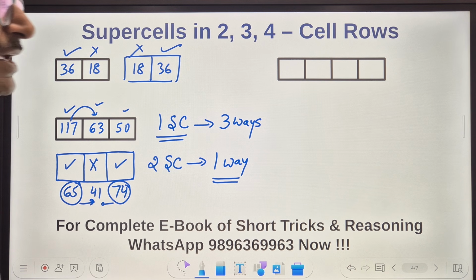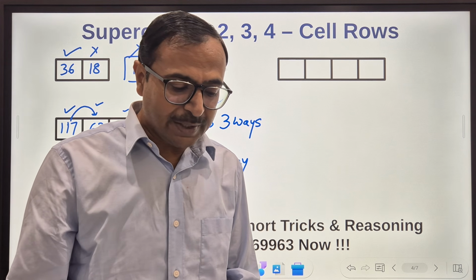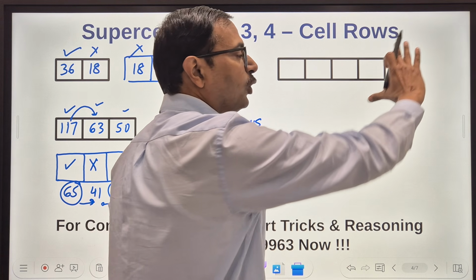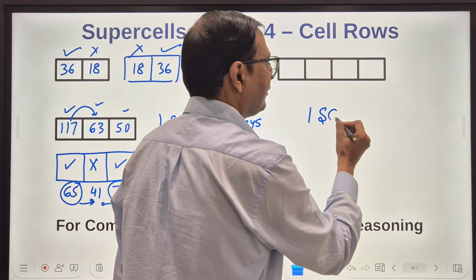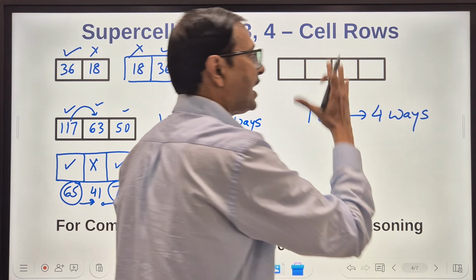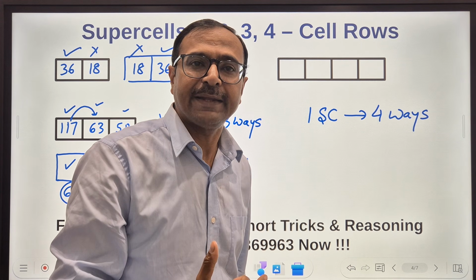Likewise, if you have 4 cells. Now we need to understand one very important thing, that even in a 4 by 1 grid, if you want to have only one supercell, it can be done in all 4 ways. Take the largest number in one of the cells and all the rest 3 numbers smaller than that.